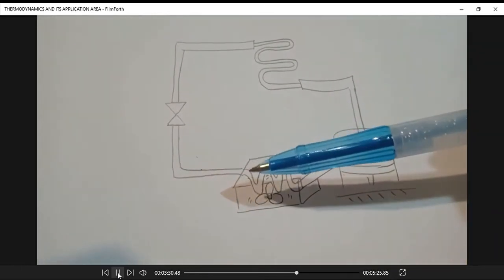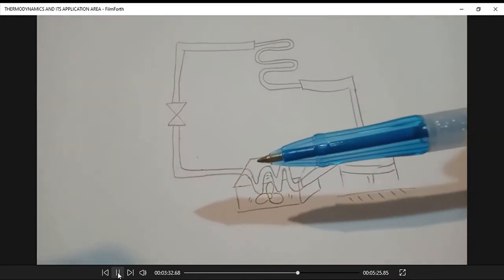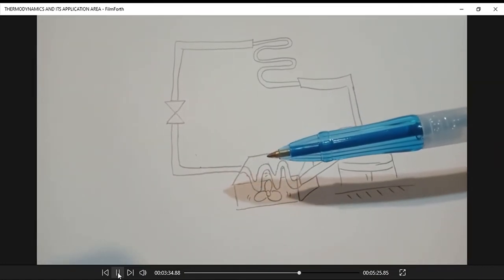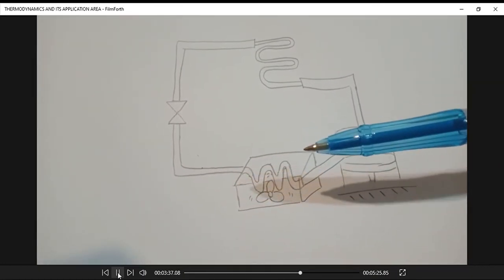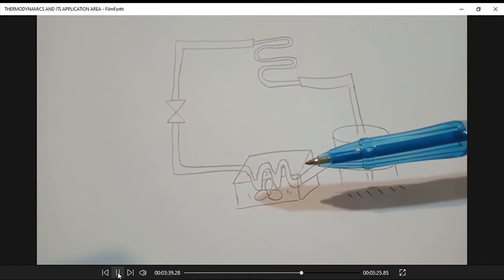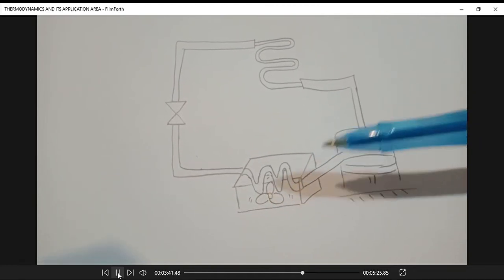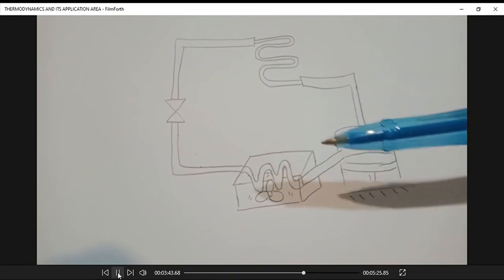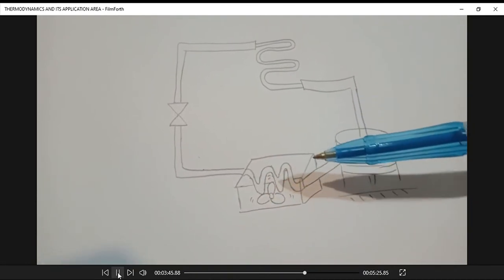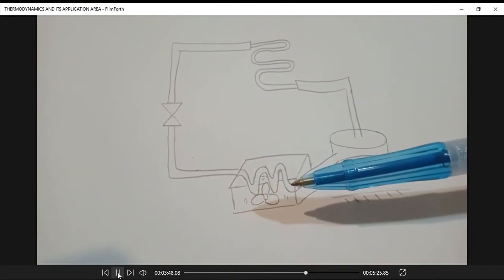It will go to the evaporator, at which point it will boil and turn into a low pressure, low temperature gas as it absorbs heat. So this chills the evaporator box.